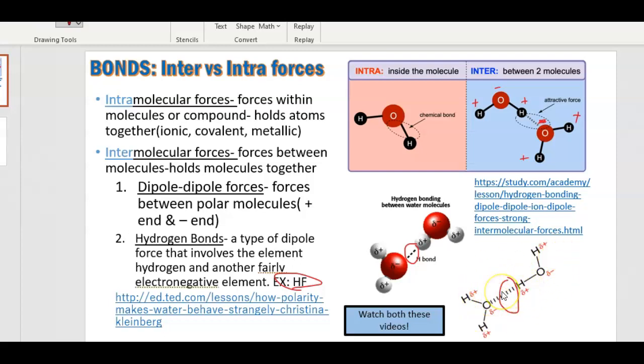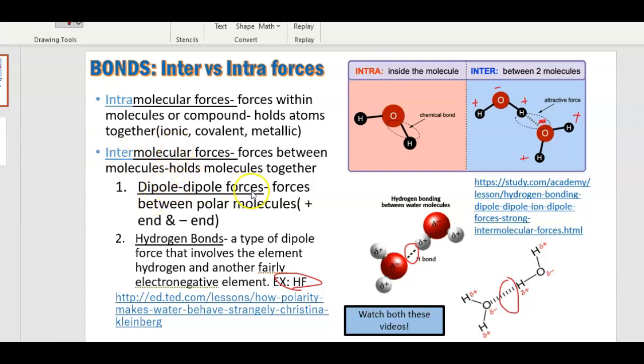For instance, when you freeze water, the hydrogen bonds spread out, making the solid form of H2O less dense than the liquid, and so ice is going to float to the top of your glass of water. That's just one.